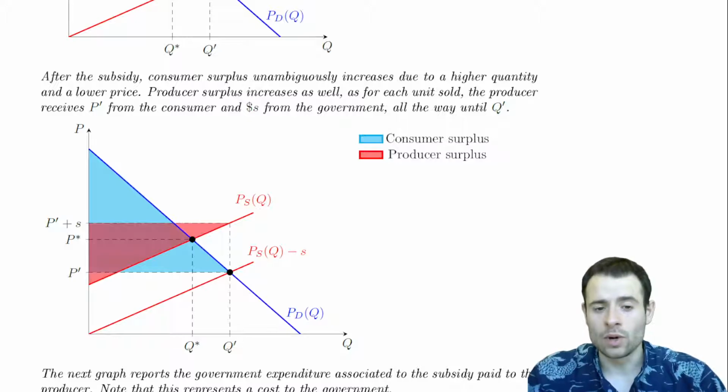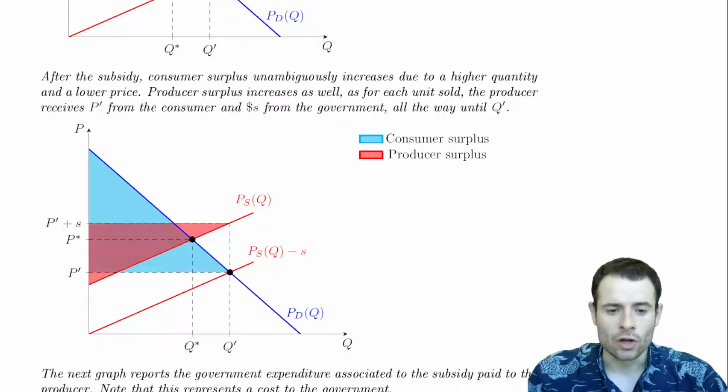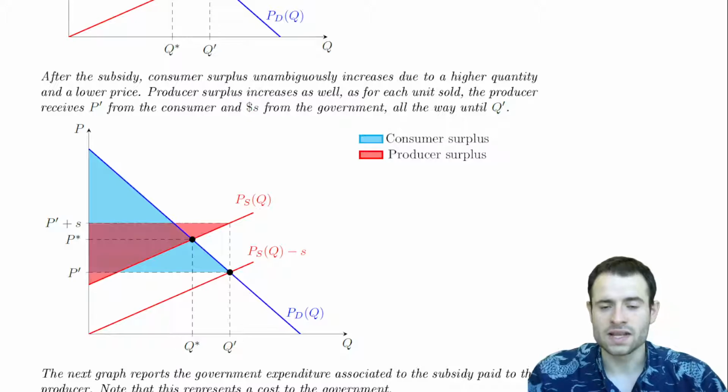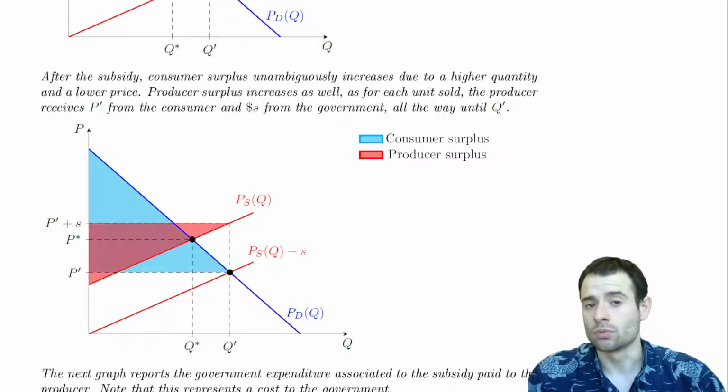Originally, they were willing to sell the good for prices along this inverse supply curve. So, the difference between the price they receive and the price they were willing to sell the good for will be the producer surplus. This producer surplus extends all the way to the quantity sold, which is Q prime.